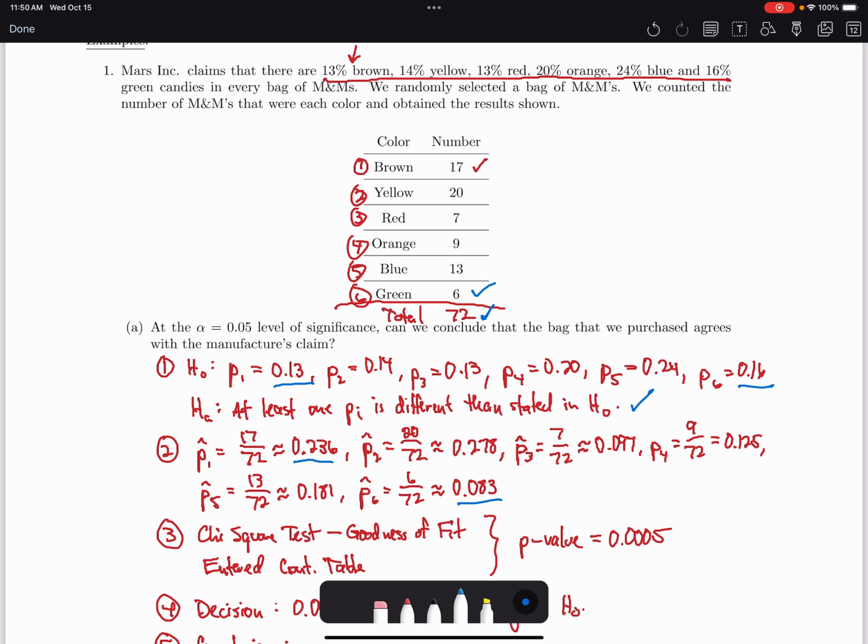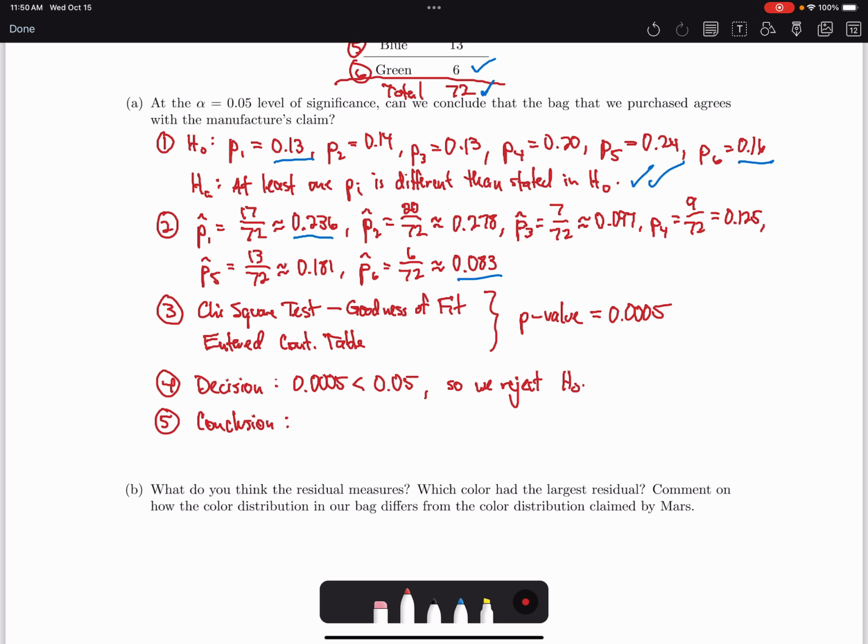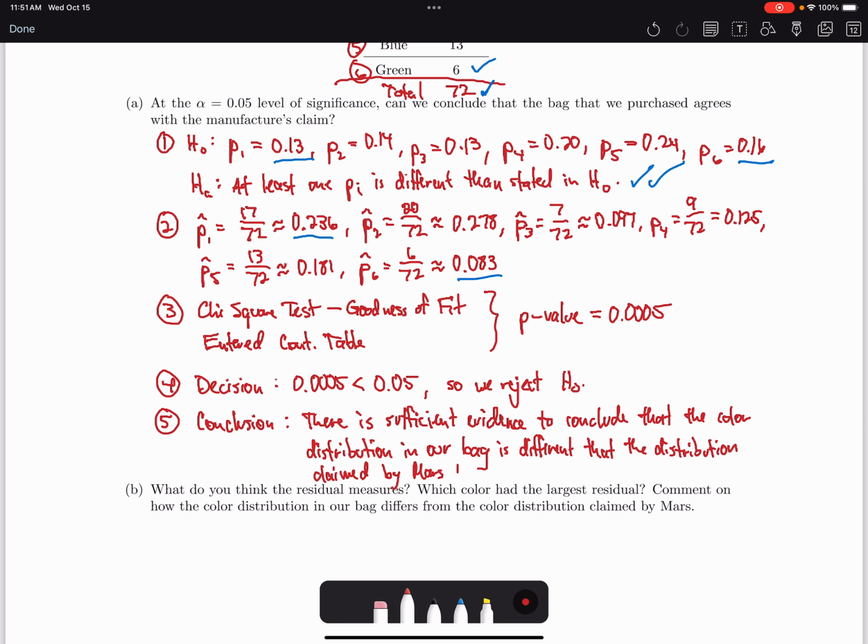And what we're finding out is that no, actually it doesn't, right? We have evidence to suggest it doesn't. So we'll say something along those lines. Okay, so there is sufficient evidence to conclude that the color distribution in our bag is different than the distribution claimed by Mars Inc. I should say than, not that.